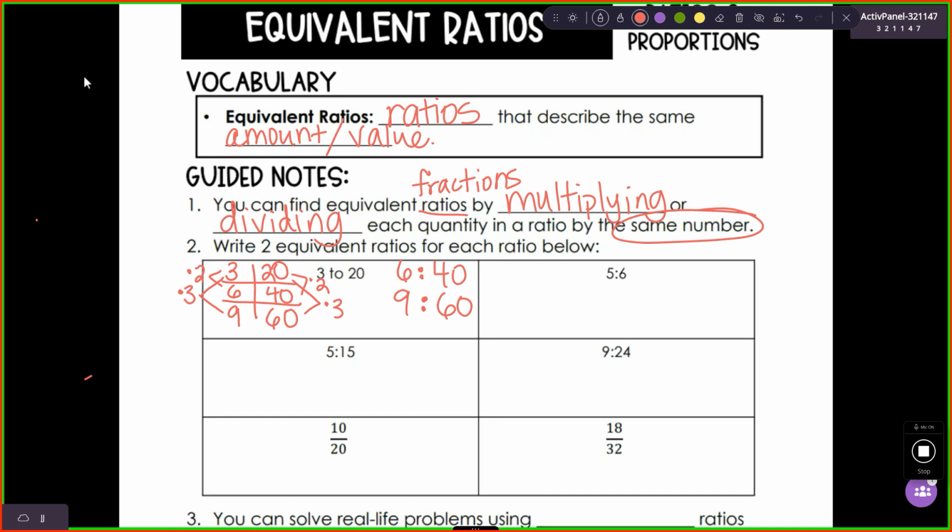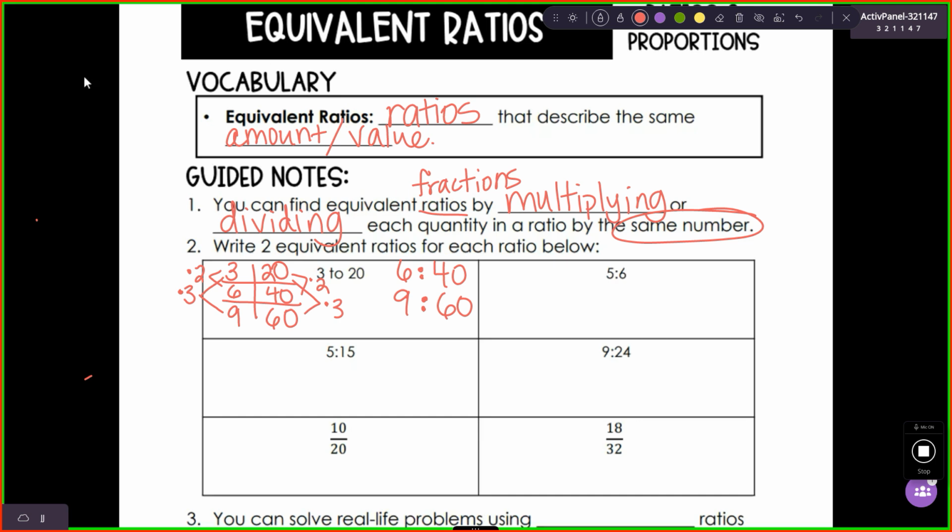Okay, do you get a whole number? No. So could we simplify this fraction? Could we simplify this ratio? No, the only thing that we could have done to this ratio was multiply to create the equivalence.